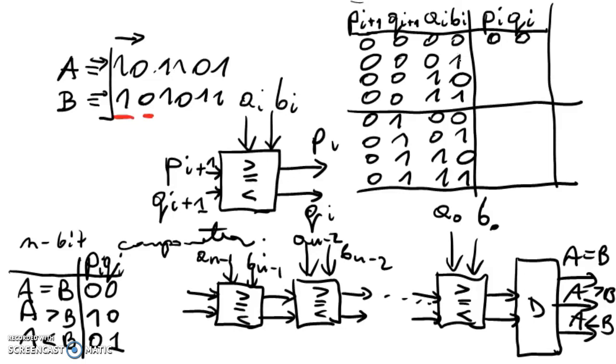The current bit of B is 1 and the current bit of A is 0, so B is greater than A, which is 0, 1. Information is here in this table. So 0, 1 is the second row output, and for the third row, the opposite, 1, 0, and 0, 0.